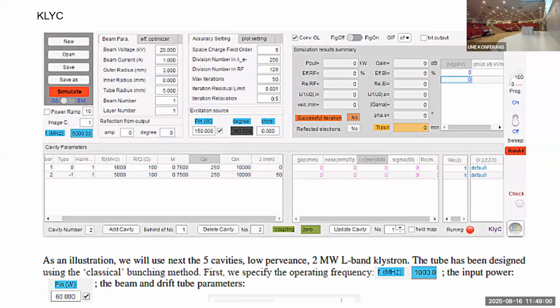Power ramp: how to increase, the gradient of the increasing of the power. You put it, but don't play with it. Image C should be -1. There's no minus there.